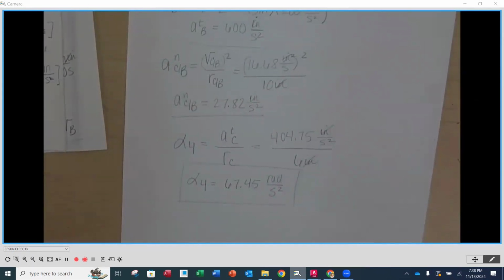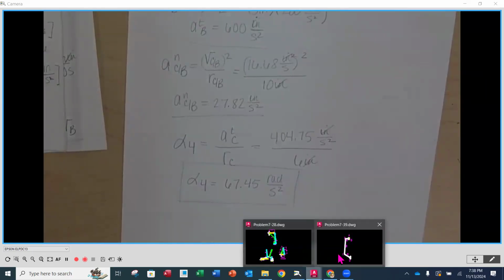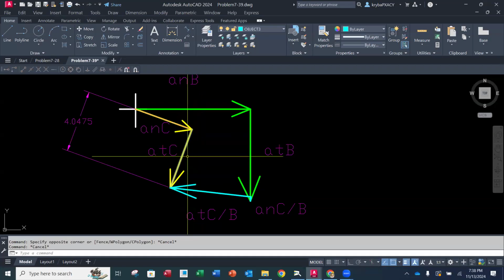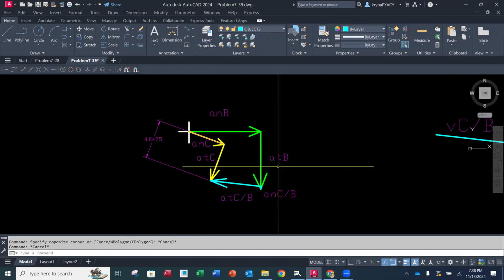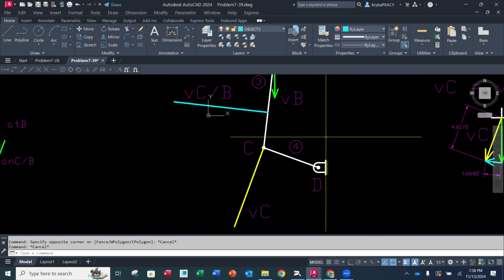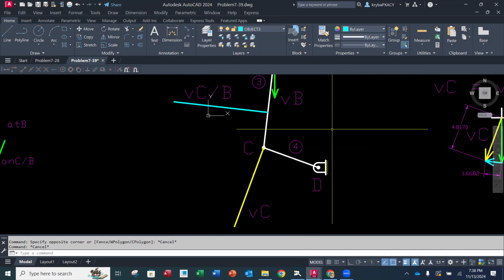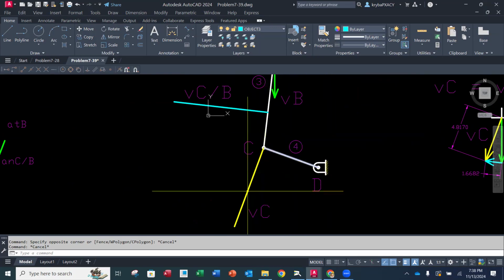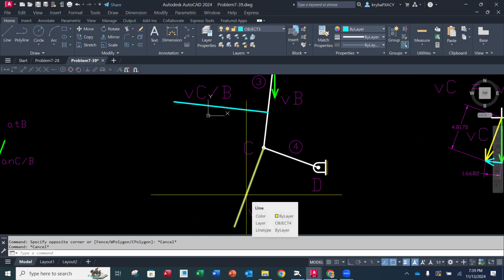Now, we're not quite done because we need to add a direction, clockwise or counterclockwise, because this is a rotation. If we look back at our diagram, the tangential acceleration at C is going down and to the left. So when we go over to our link here, this is going to be going down and to the left.